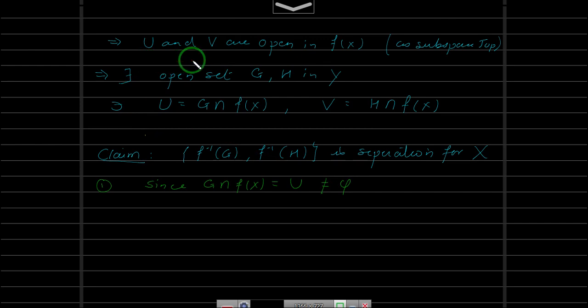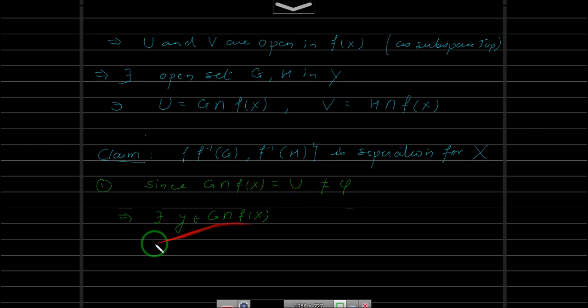That means both are non-empty. This implies this intersection is non-empty. So let us take a point. This implies there exists some y belonging to G intersection fX, because this is non-empty, we have some point in this.